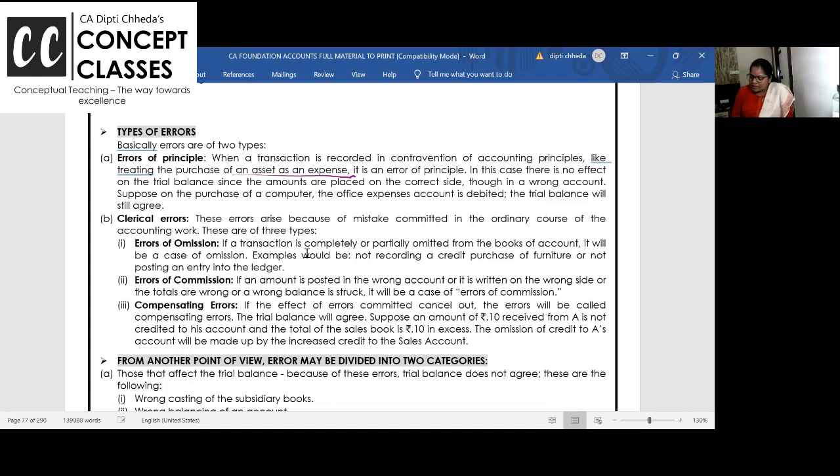Since amounts are placed on the correct side, though in the wrong account, instead of furniture, you have debited wages account, but somewhere you have debited, somewhere you have credited, then no effect will be there in the trial balance.